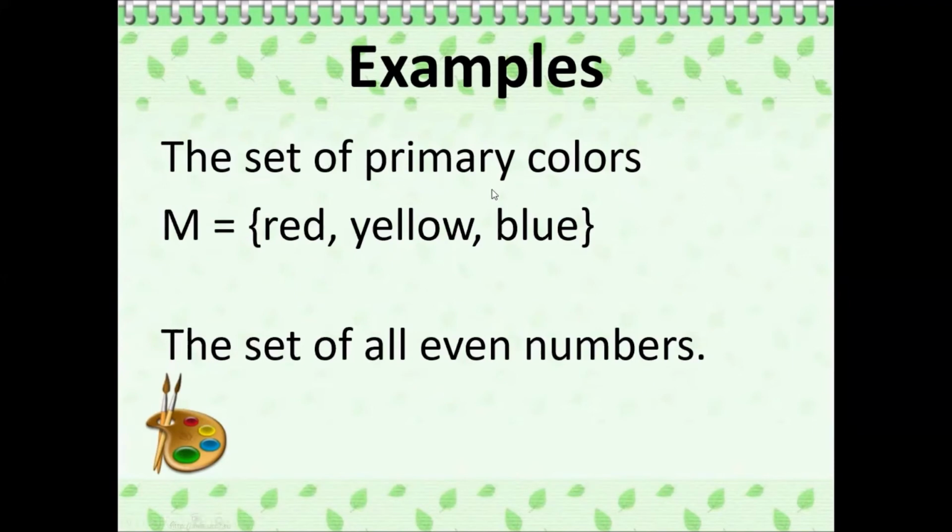The set of primary colors is a finite set, while the set of all even numbers, with no exact number of even numbers, is an example of an infinite set. Again, any letter can represent the even numbers. Set E has the elements 2, 4, 6, and 3 dots or the symbol of ellipsis. So these are some examples of well-defined sets.